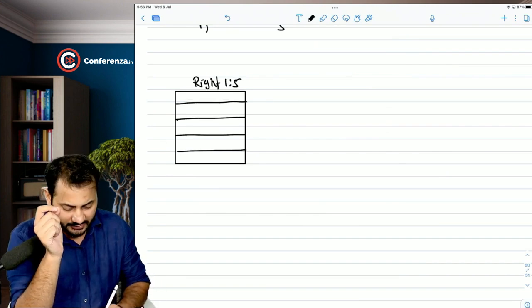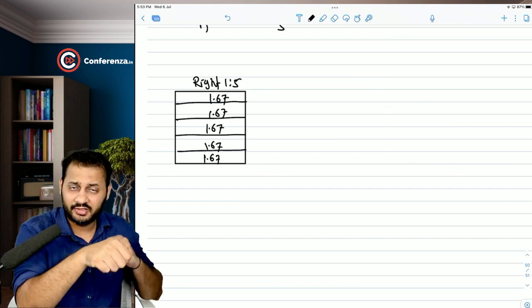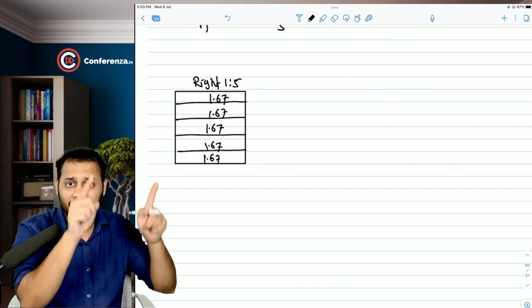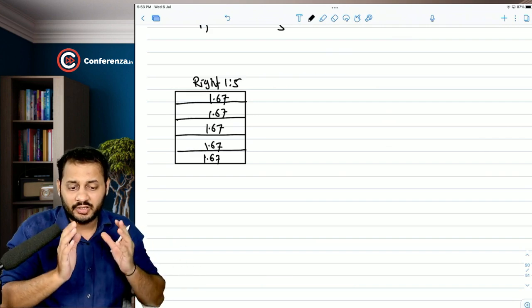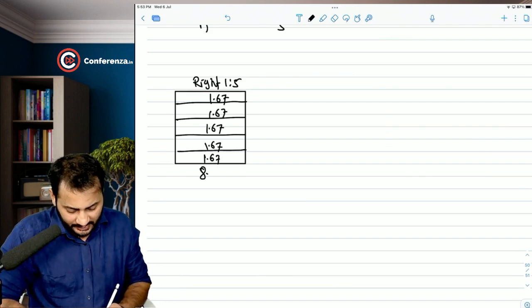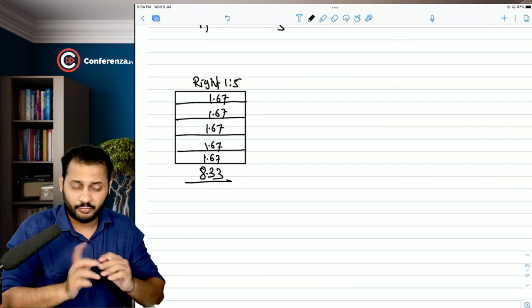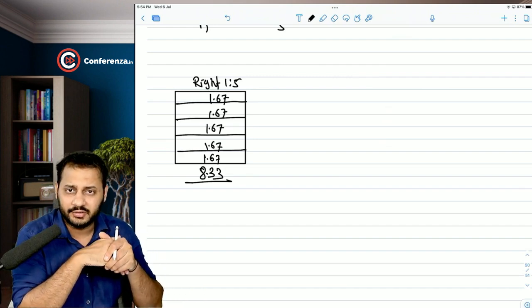And 1.67 is the value of each part. And practically speaking, you cannot just tear it off and sell it to someone else. You will have to sell the entire right. That means when you are selling the right to someone, you are giving them a right on 5 shares. So when you will be selling this right, you will be collecting 1.67 into 5, 8.35 or 8.33.